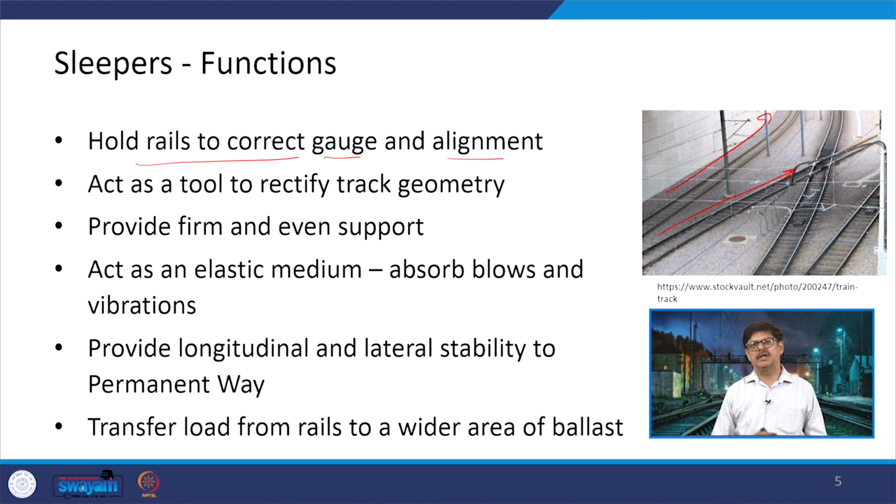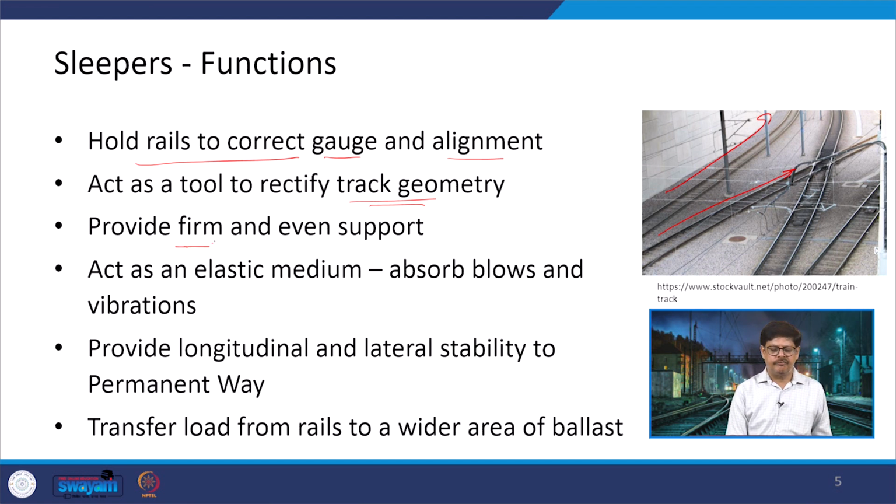Whatever alignment or profile is given to the track should be maintained, and the rails should remain in the correct gauge position. If you are talking about a broad gauge, 1676 mm shall remain there. It should act as a tool to rectify the track geometry. We can use these particular sleepers to do that also.